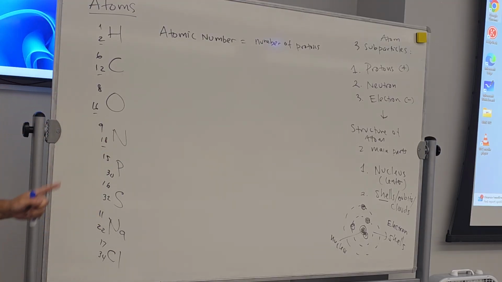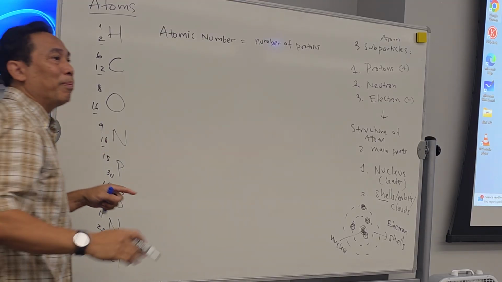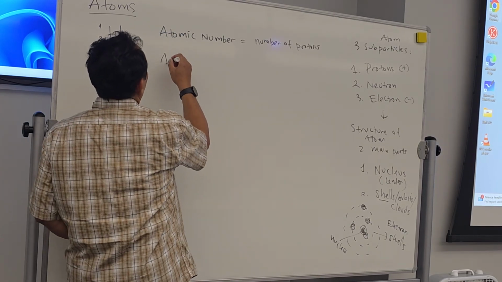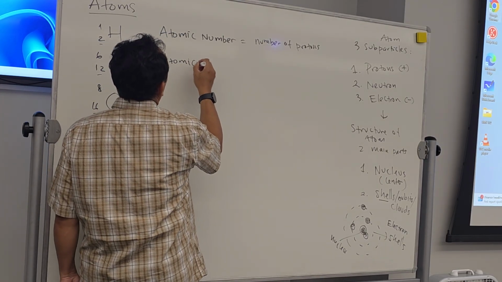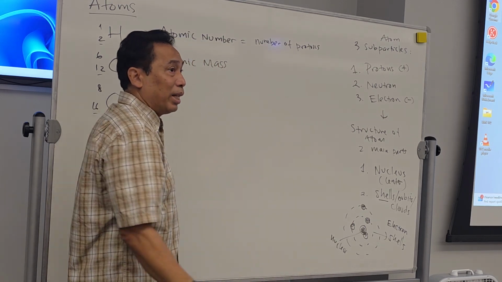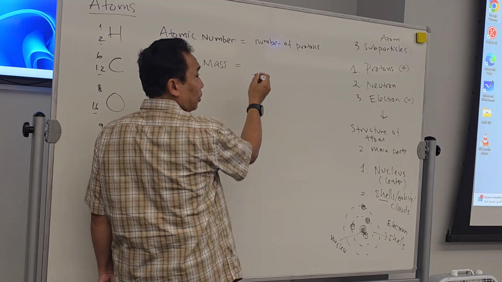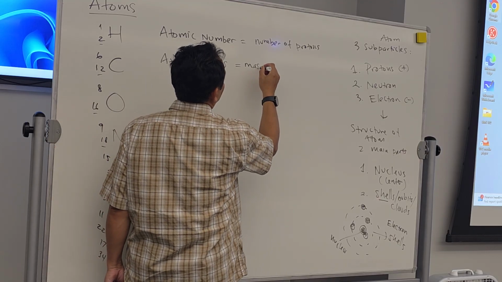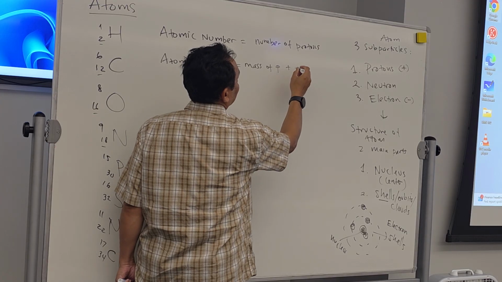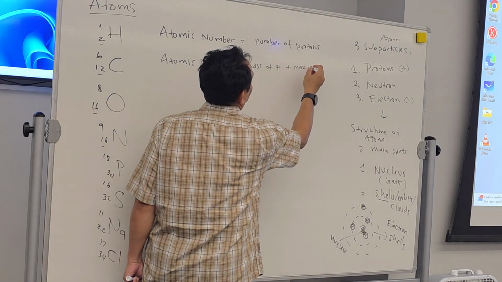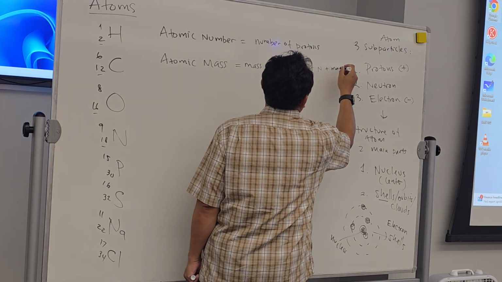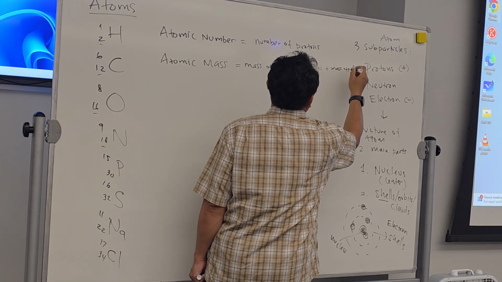Anybody still remember? What is that? Atomic mass. The mass of an atom. Okay? So, atomic mass, or the weight of an atom. What is it? It is equal to the mass of proton, plus mass of neutron, plus mass of electron.